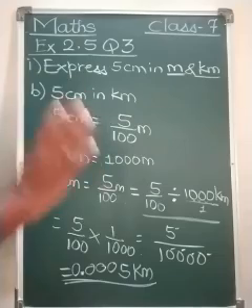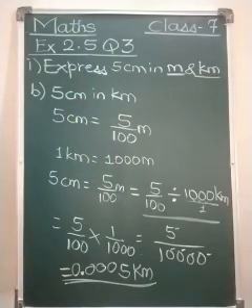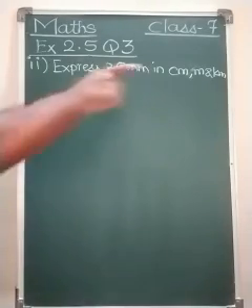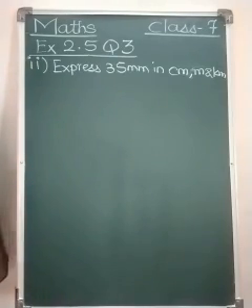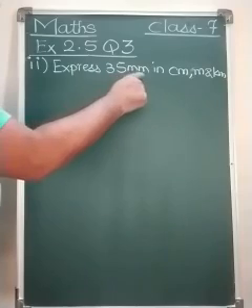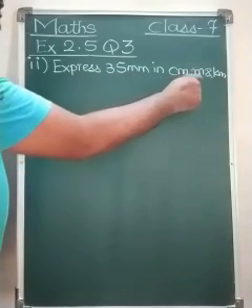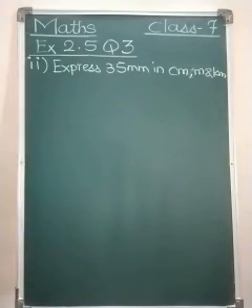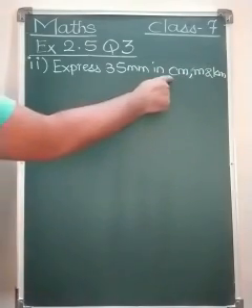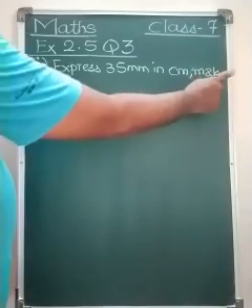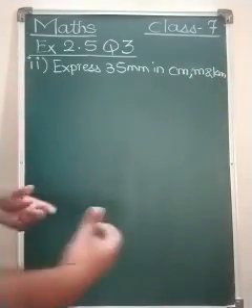Okay. So we will solve the second sum now. The second sum I have written for you on the board. Express 35 millimeters in centimeters, meters and kilometers. Here centimeter is given, then meter, and then kilometer. But what would we follow?